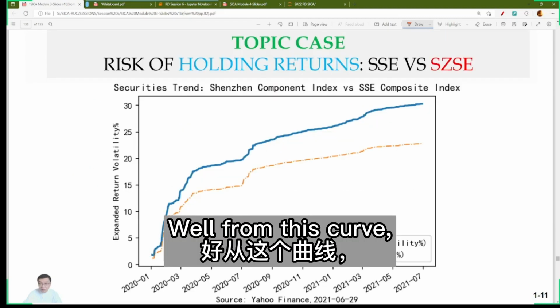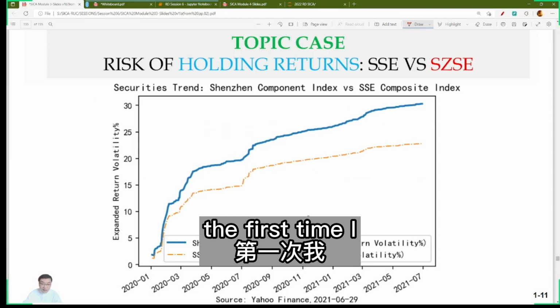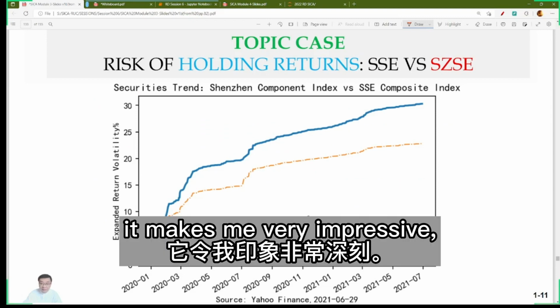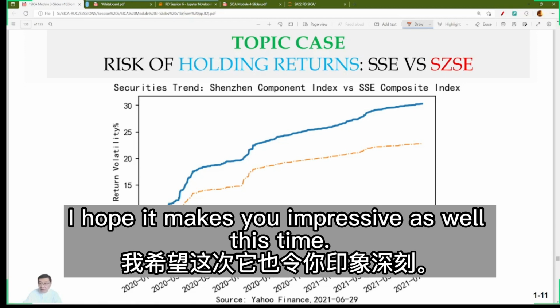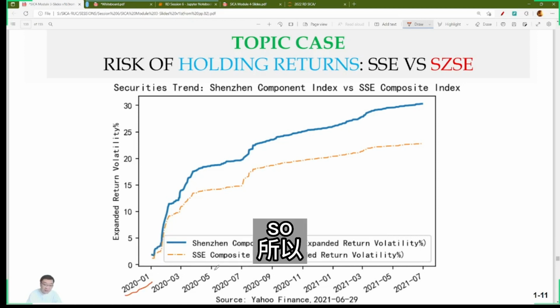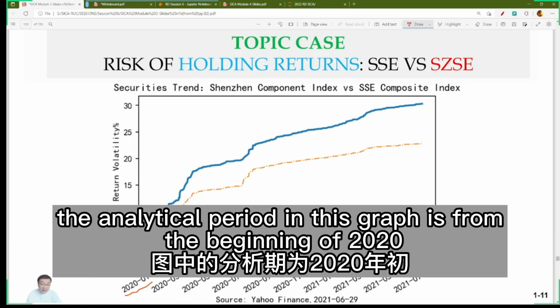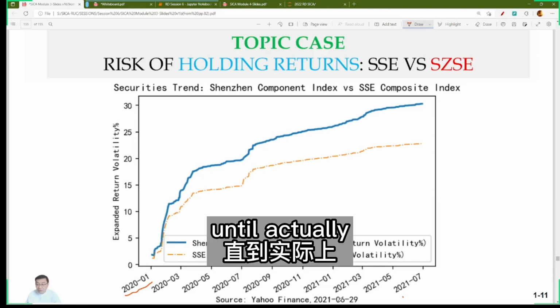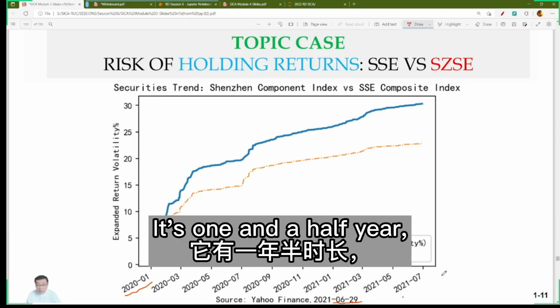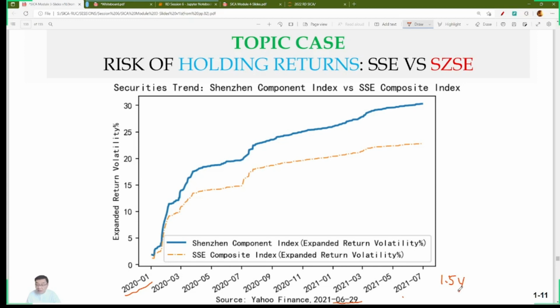Well, the first time I drew this curve, it impressed me very much. I hope it impresses you as well this time. However, it is out of date. The analytical period in this graph is from the beginning of 2020 until the end of June 2021. It's 1.5 years.